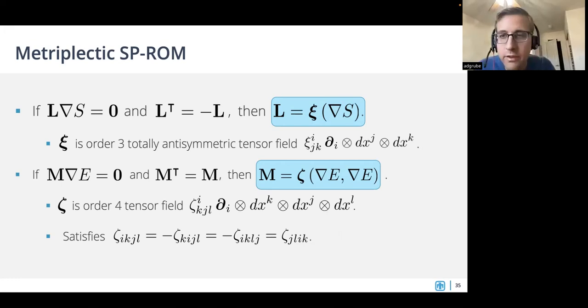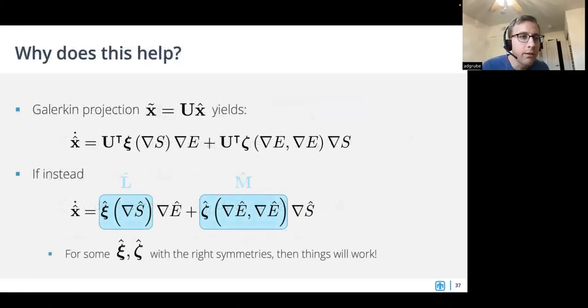That's probably not a coincidence, but I haven't thought very much about it. But you can play the same game. Why that's useful for us for model reduction is that now, instead of just working with L hat and M hat, I can work with these tensor fields.